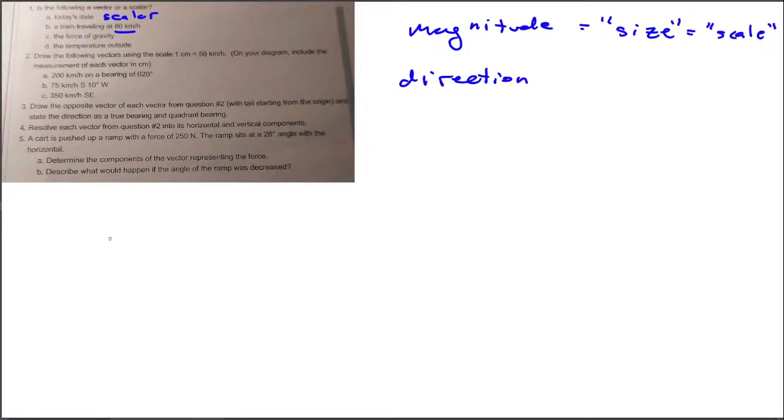There are two ideas here: speed and velocity. Velocity is a vector. Velocity is your speed combined with the direction that you're going. If this said a train traveling at 80 kilometers east, I would call that velocity. But here, just 80 kilometers per hour, that's speed. That's a scalar.